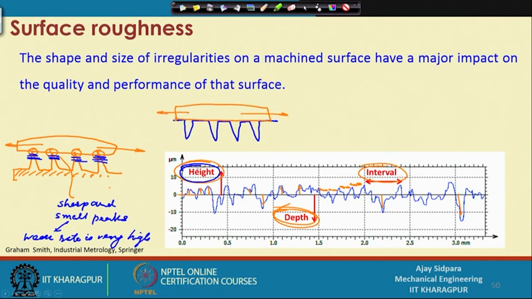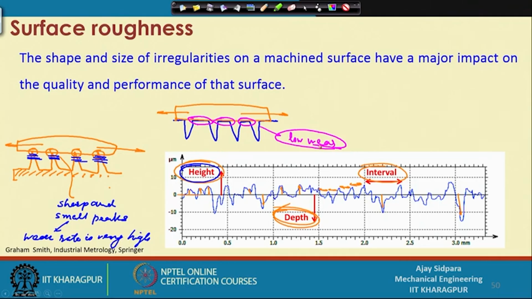Now, what is going to happen? What is our apparent contact area? These are our contact area, correct. Our contact area is very, very large and they are also not sharp. So, your wear rate will be very, very low in this particular case.